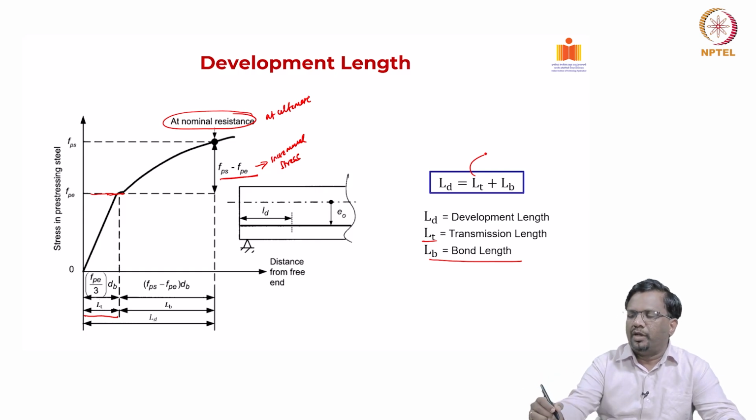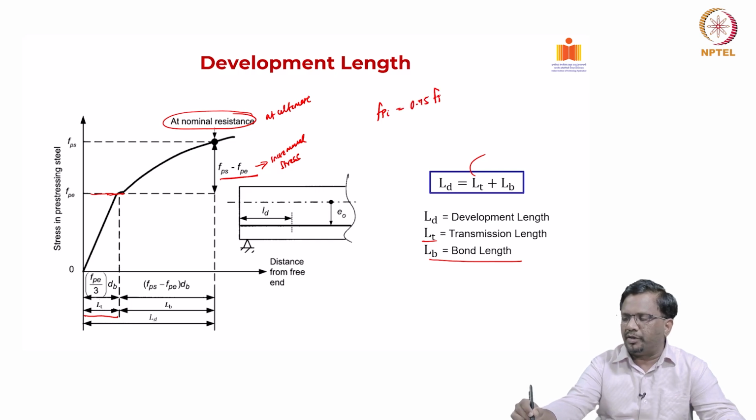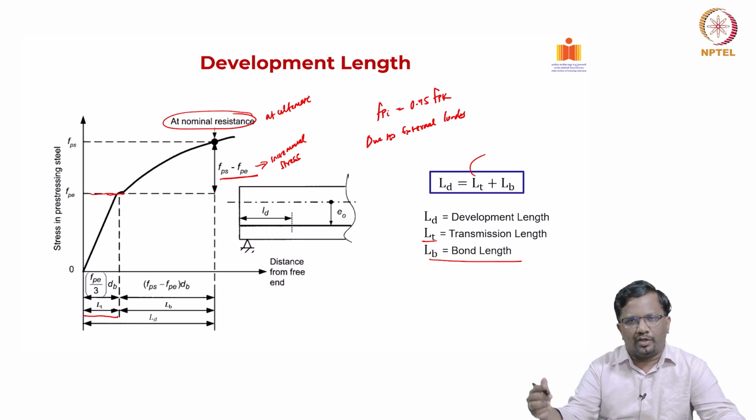Please note that typically we stress, right, initial prestress we put it as 0.75 times fpk, right, that is your jacking stress, that is quite high. And now, due to external loads, this stress will further increase. Okay.